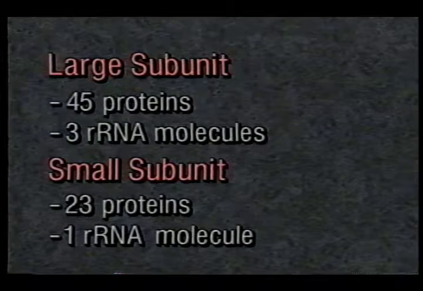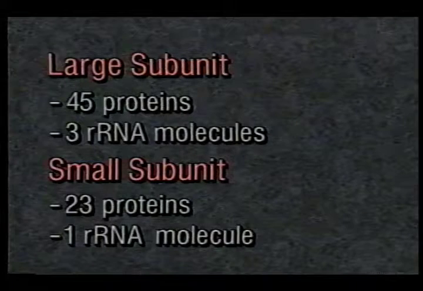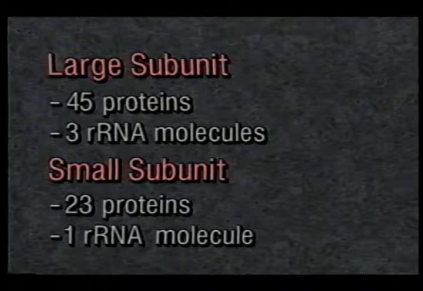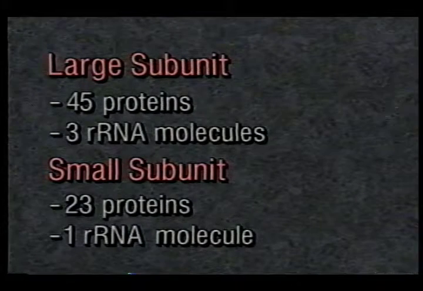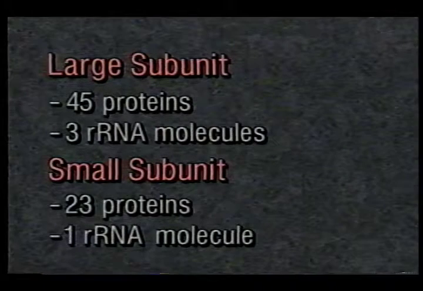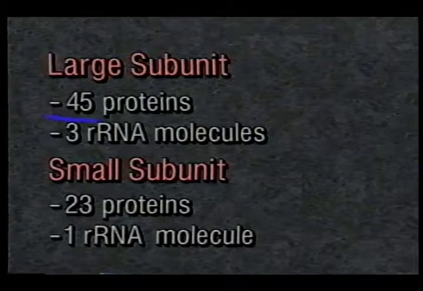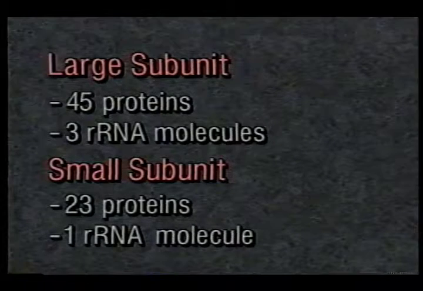There are two subunits with the ribosome. They are very originally named large and small. And we have a few facts up there concerning both of them. The large subunit has roughly 45 different proteins that make it up, and there are also 3 ribosomal RNA molecules that make it up.